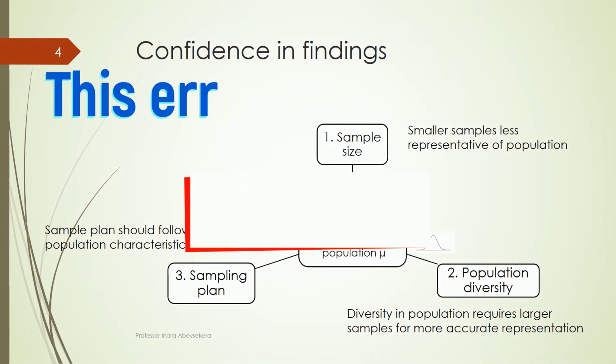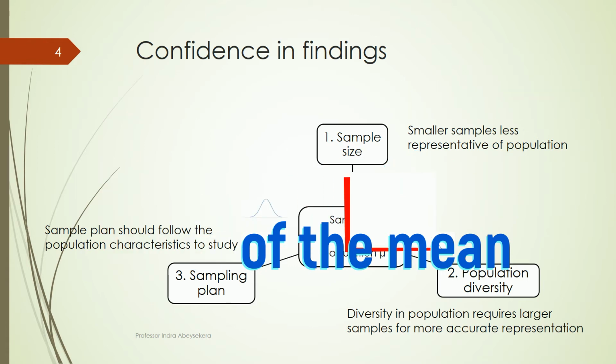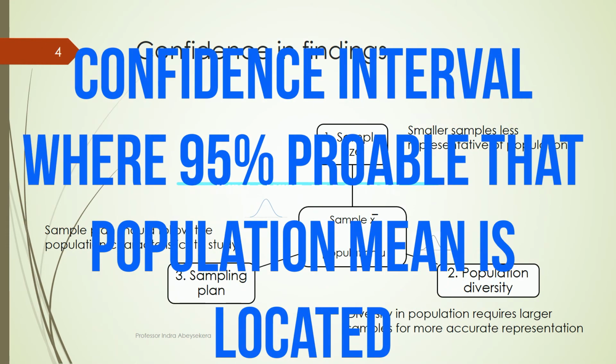And as a result, when we talk about the population mean using the sample mean, we have to provide a range in which we can say the population mean will lie. And the range required to express within which the population mean lies depends on the sample error.